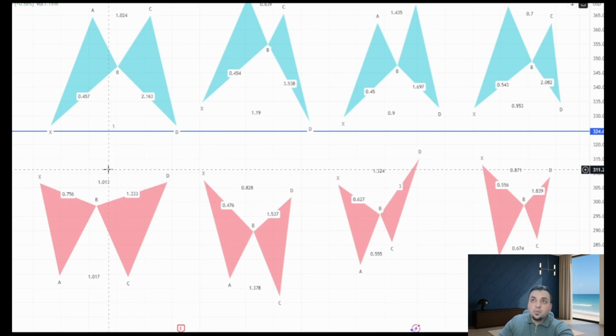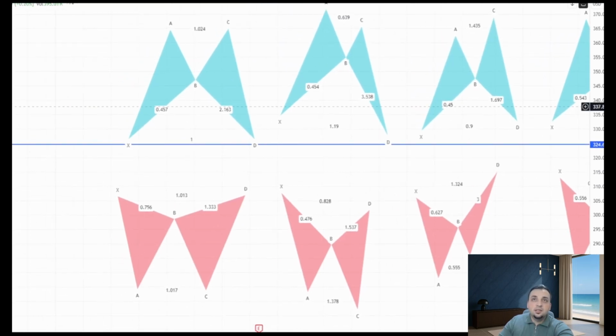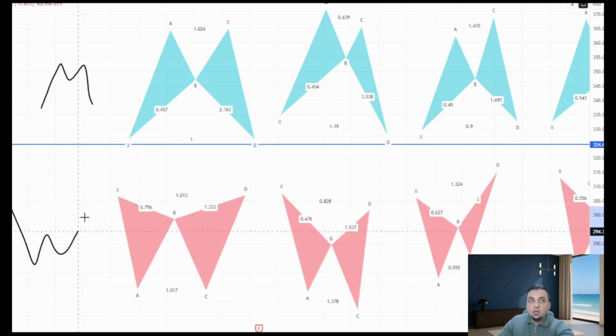In our case, we only have two names. It's going to be called the M pattern and the W pattern. And why is that? Well, because the bullish pattern looks like an M, like the letter M when you write in English or when you read a book. And the bearish harmonic pattern, we're going to call it the W pattern from now on.